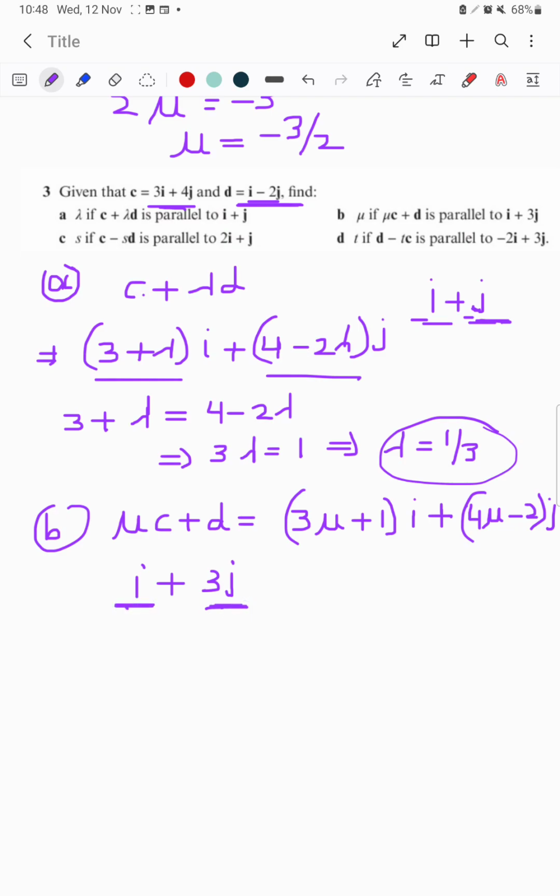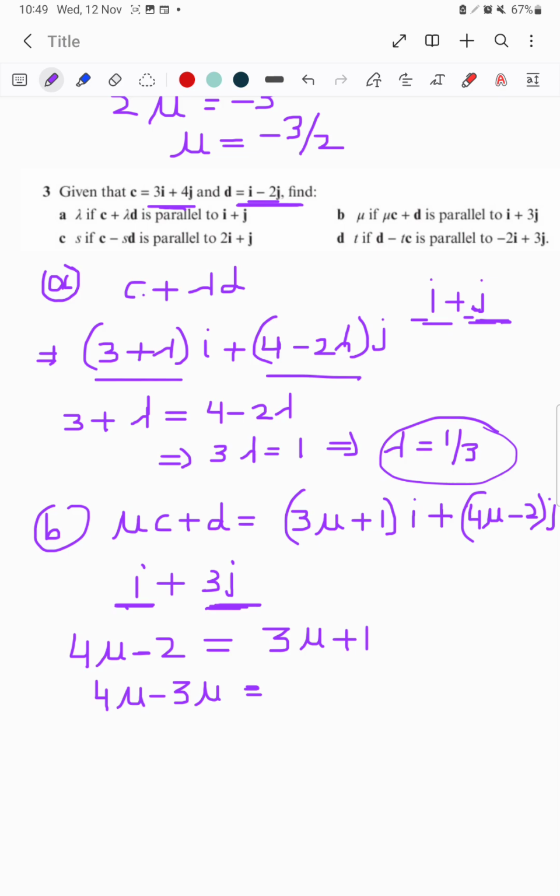So the j component is 3 times the i component, with the i component used only 1 time. So using that, the j component of my vector is 4 mu minus 2, and that is 3 times the i component, 3 mu plus 1.